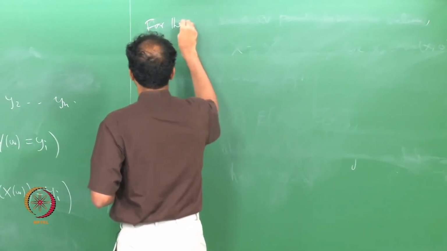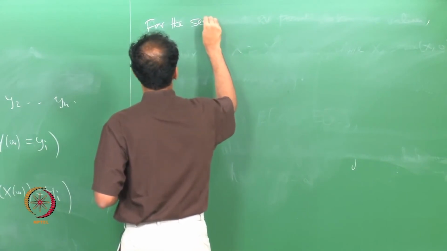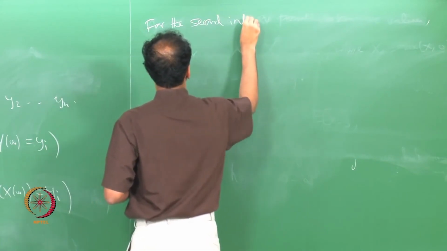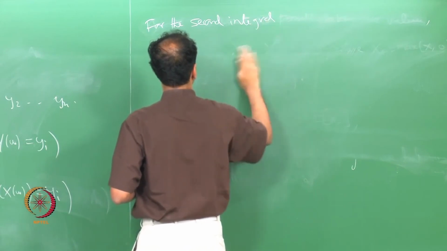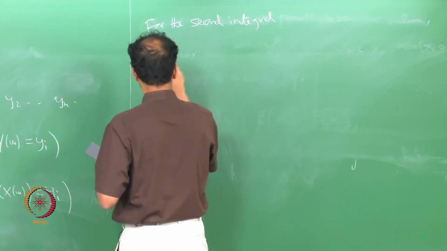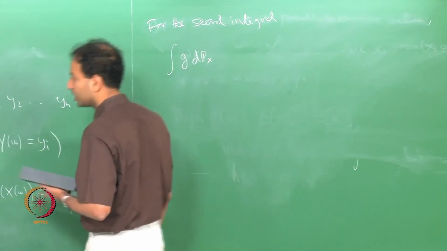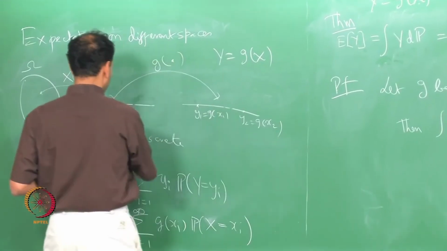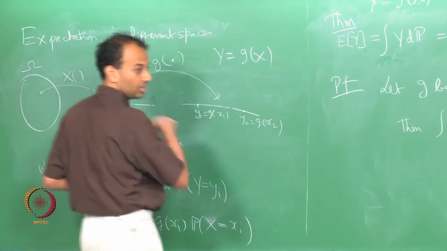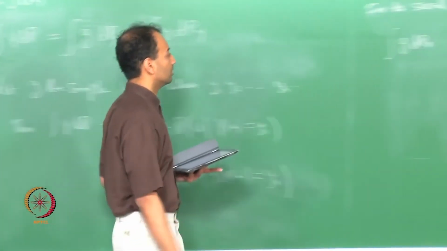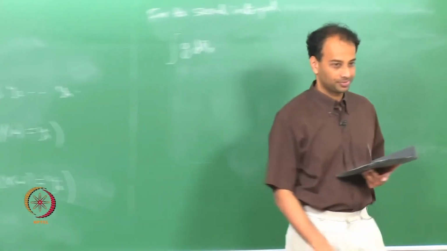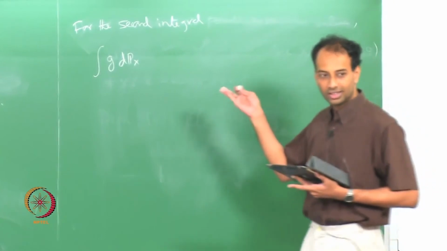Now, for the second integral, the integral of g dP_x. I am looking at this function g as a function from here to here, and I am integrating with respect to the measure P_x on this line. But g is a simple function, it takes values only these little y_i's.